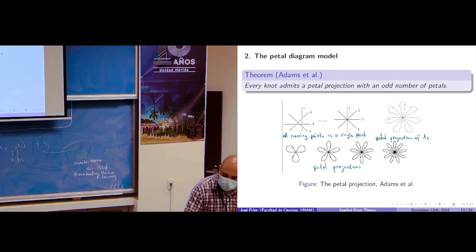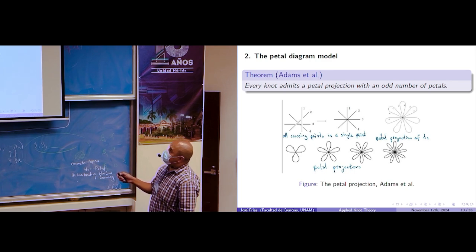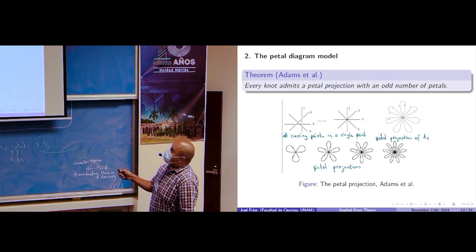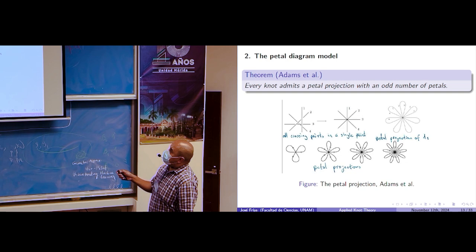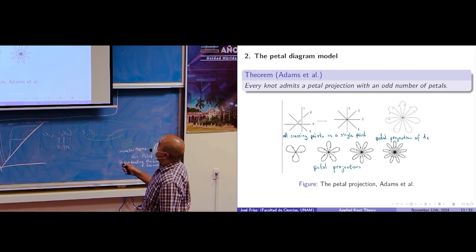You pick a set of points at different heights or levels in this axis, and that's what is indicated by these numbers. So the first arc or the first petal goes from the first level to the third level. This one goes from the fifth level to the second level, and so on.